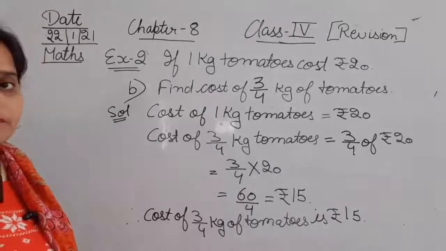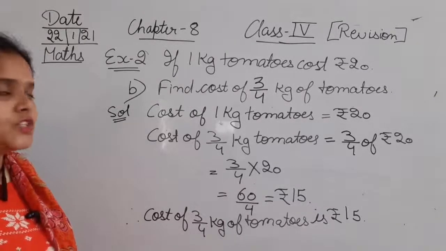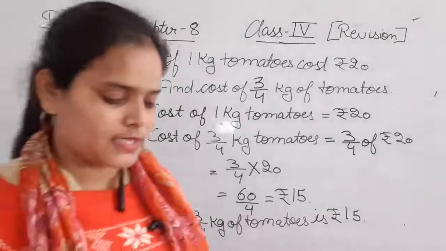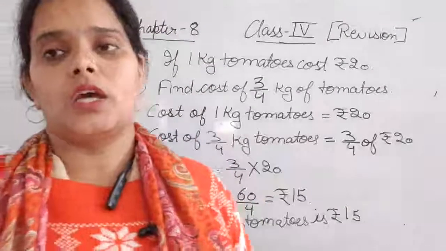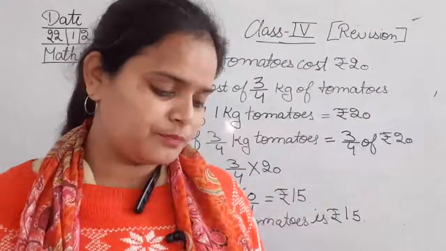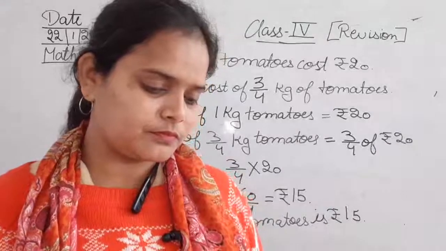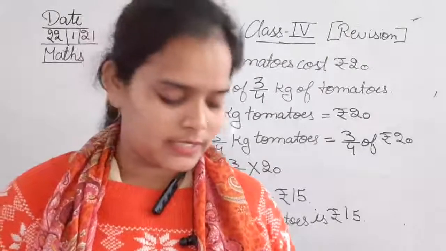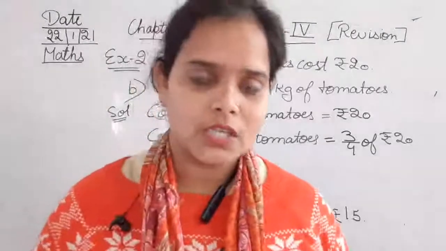Okay class. चलिए, now moving next to the exercise 8.2. Now here the exercise 8.2 is given. First few sums, okay, that is a picture work and that we will discuss in the online class as we are doing the revision.